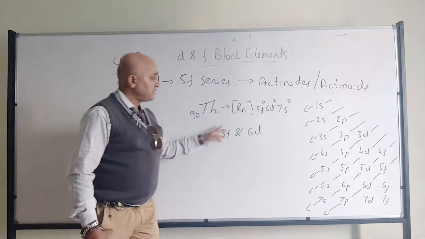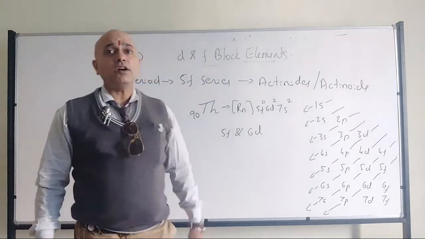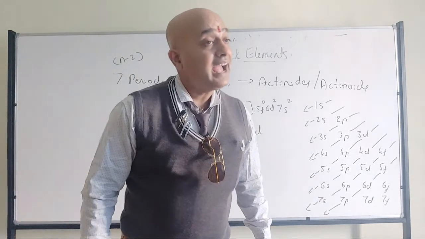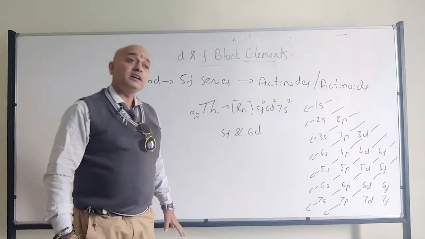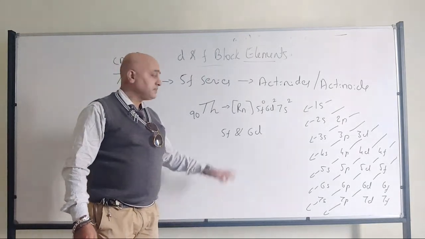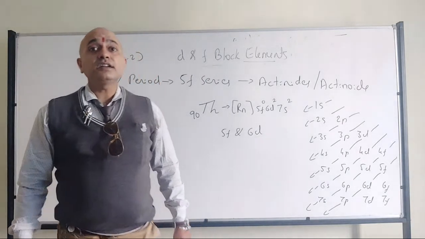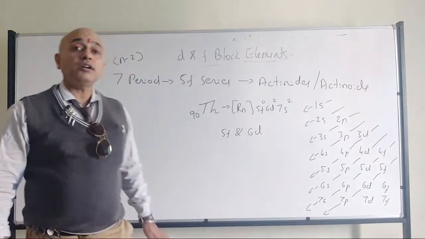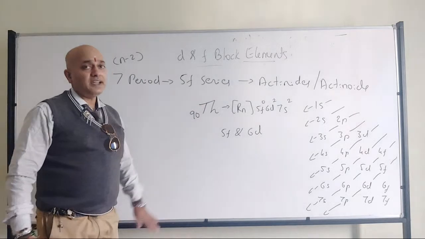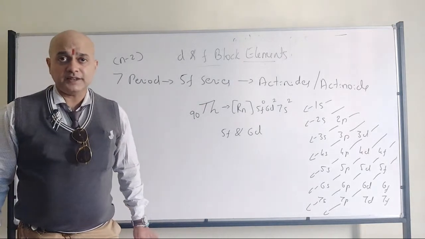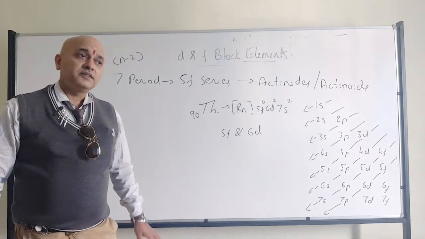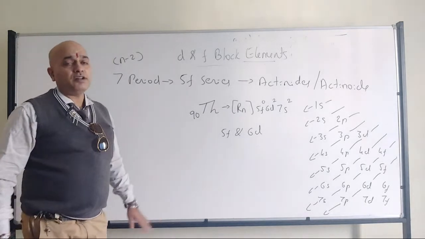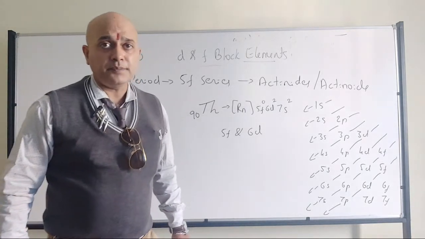Therefore, we see this abnormal electronic configuration in the actinoids compared to lanthanides. So remember, in the ground state, thorium does not have an electron in the 5f subshell. That is the electronic configuration for thorium.